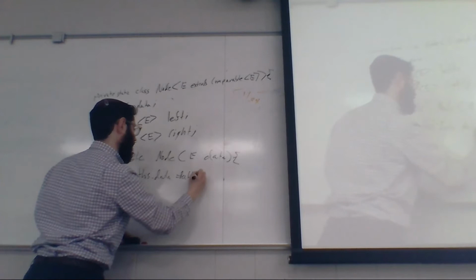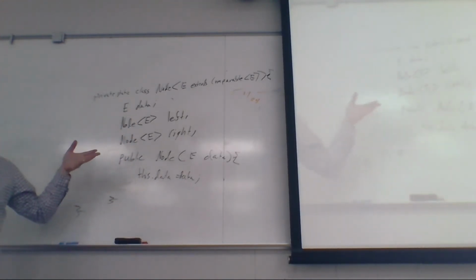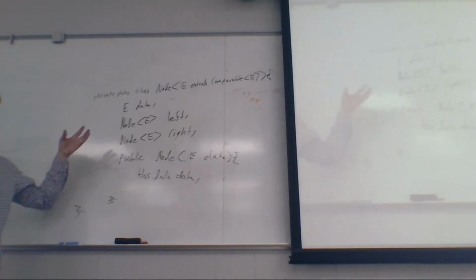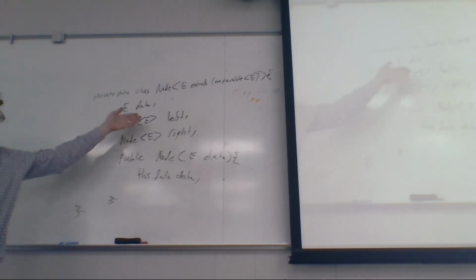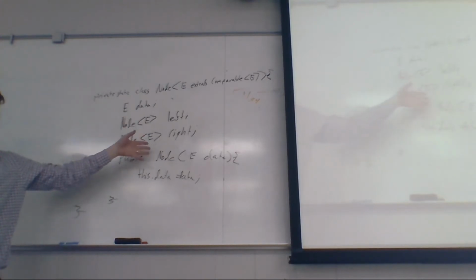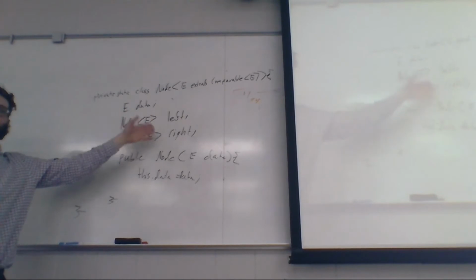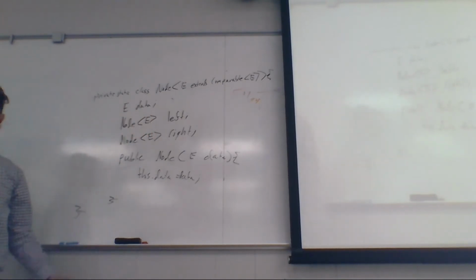So obviously the magic happens in the tree class, because honestly I could call these prev and next, and so long as I set the pointers in the right manner, it's all about how they're set up, not how they're named. But we call them left and right because it's easier than calling them A and B or prev and next.